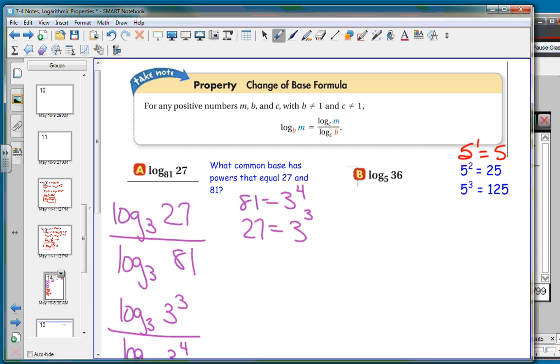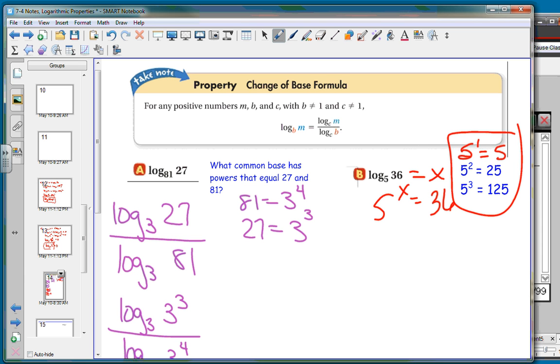Now, if I set this up as an equation and set it equal to x, can I write that as an exponential? I can't. So this says 5 raised to what power is equal to 36? Well, is it ever going to be raised to a power to make that equal to 36?